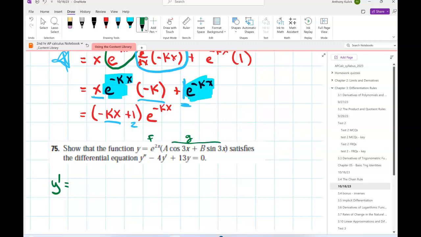The derivative of f will require a chain rule because the exponent is 2x, right? Everybody's okay there?